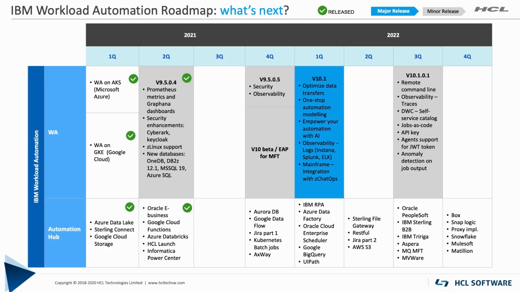Some more scenarios on AI, some more integrations for the DevOps of our definitions, the self-service catalog integration into the Workload Designer that I mentioned before, and other specific capabilities also for the mainframe part that will be announced later on in the next months.